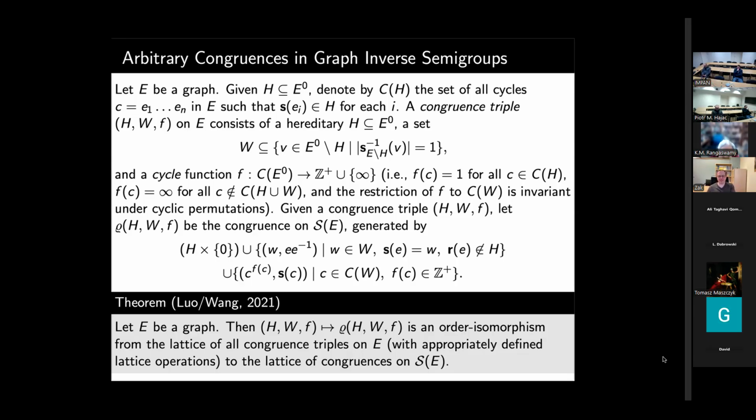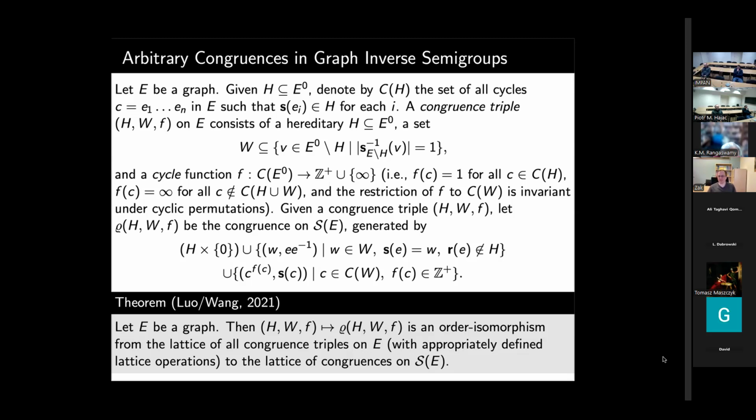And then the third bit is a function on cycles that says something about the original set of vertices. Again, the details aren't terribly important for my purposes. I just want to note that it's interesting that it's a classification of the analogous object here, the congruences, in terms of triples consisting of vertices and cycles.